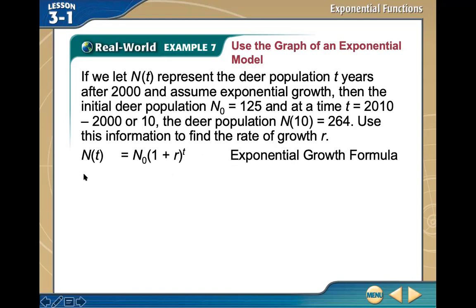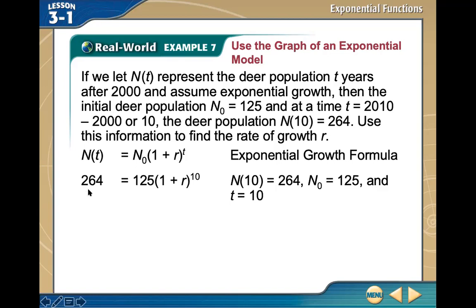So in our question, since the initial one is 2000 and the last one is 2010, t must be 10, and the last value 264 we are writing, the starting point we are writing here, times 1 plus r to the power of 10. Till here, I do not think there's a problem. Everything is clear till here.